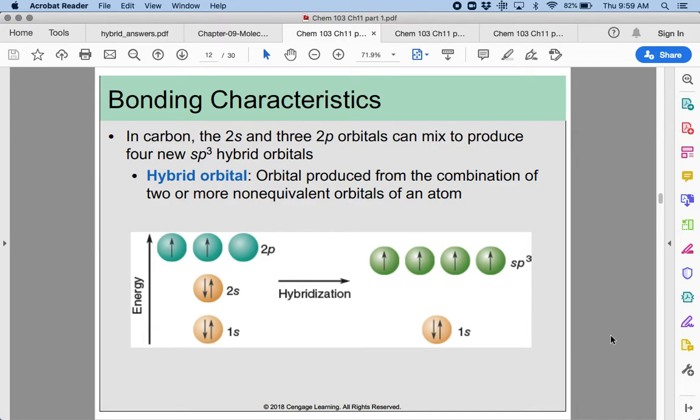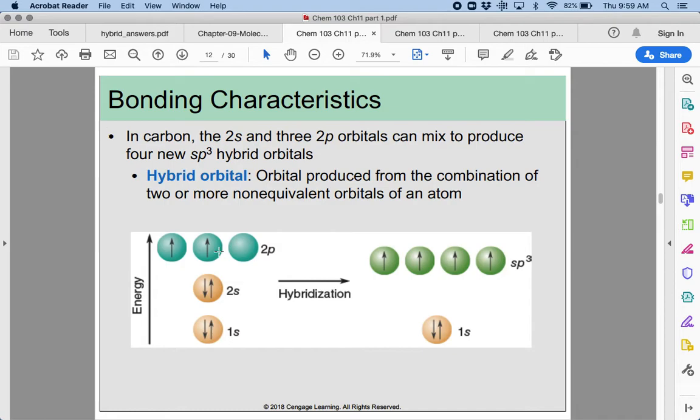So for example, let's talk about carbon, because we're going to do a lot of carbon since it's organic chemistry. Here is the electronic configuration, the electronic diagram of carbon. We know carbon has 4 valence shell electrons, right? We know it has a full 1s, so 1, 2, 3, 4, 5, 6. Look on your periodic table.